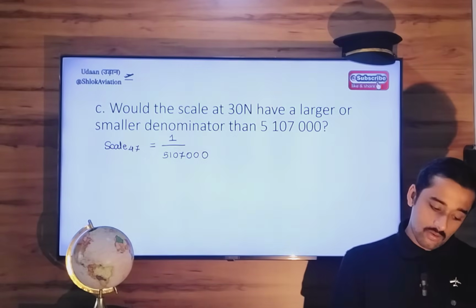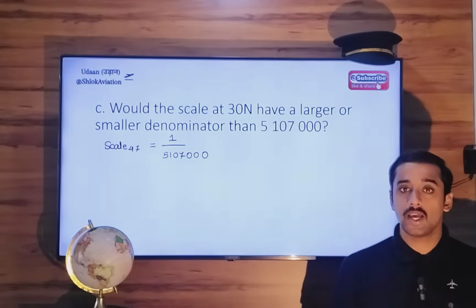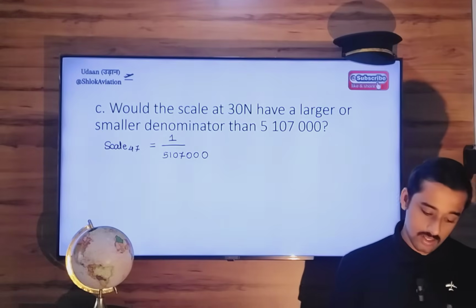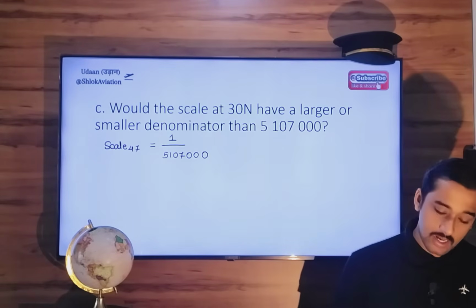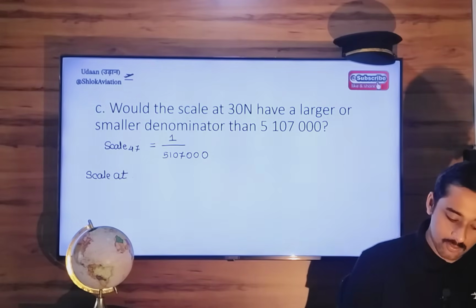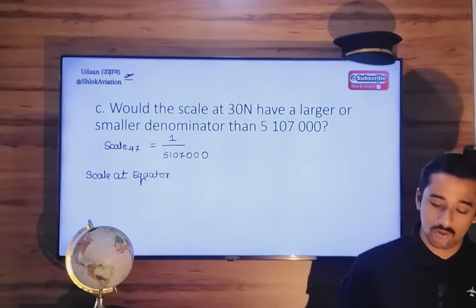Right? Now we have to find out scale at 30 degree north and whether that scale will be larger or smaller than this particular scale. So let's find out scale at equator first. Scale at equator, this is a two-step process. By finding scale at equator, we will find scale at 30 degree north.